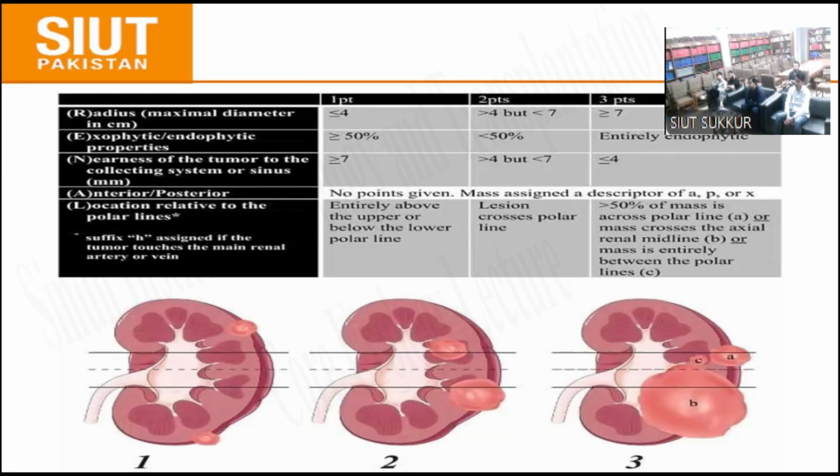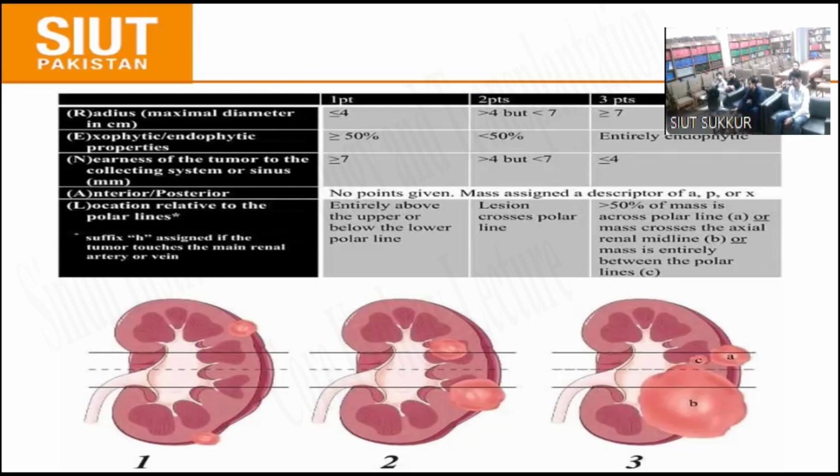If entirely above the upper polar line or below the lower polar line, we assign 1 point. If the lesion crosses the polar line, then 2 points. If more than 50% of the mass crosses the polar line, or the mass crosses the axial renal midline, or the mass is entirely between the polar lines, that scores higher.